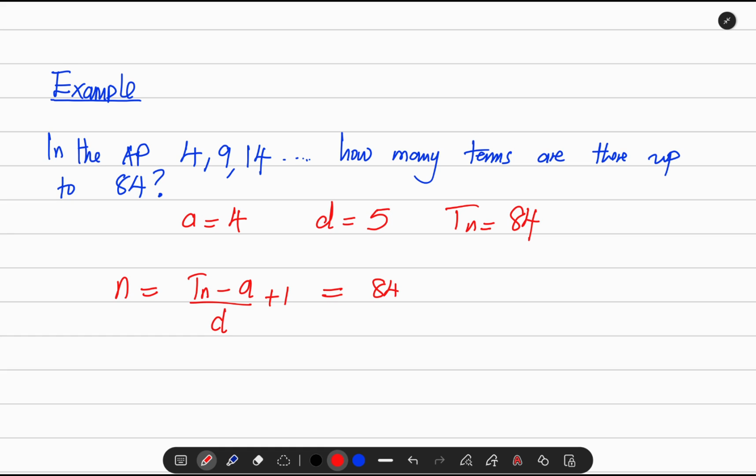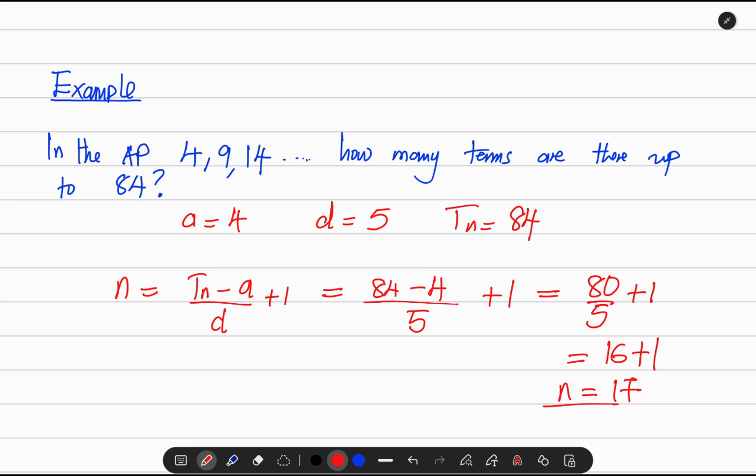That is 84 minus 4, over 5, plus 1. We have 80 over 5 plus 1, which is 16 plus 1. So the number of terms here is 17.